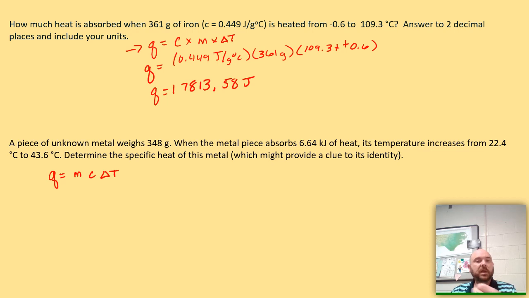I'm going to go ahead and rearrange my formula so I can solve for C directly by just plugging in the values they do give me. Rearranging Q equals M times C times delta T to equal C will involve dividing both sides by M delta T. M delta T cancel. C equals Q divided by M delta T.